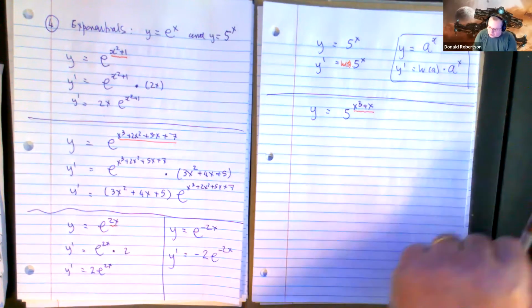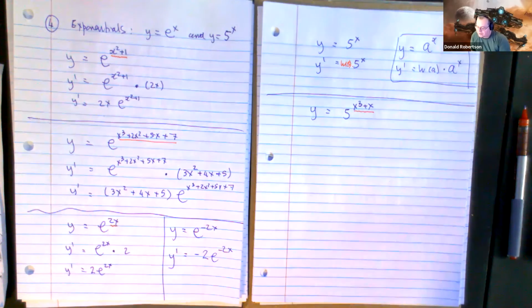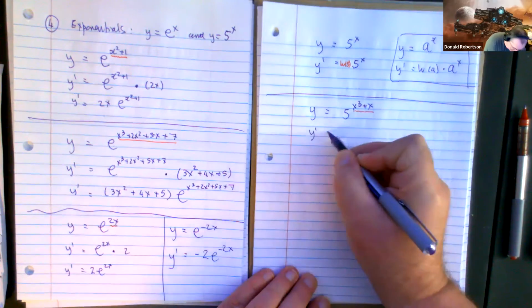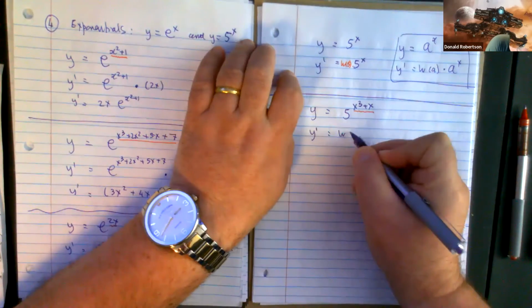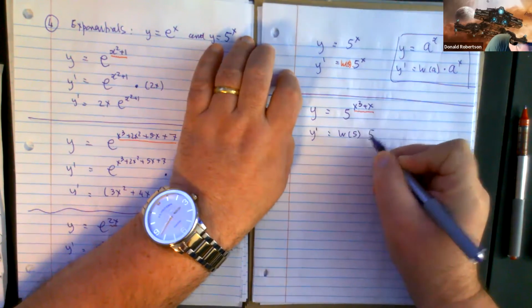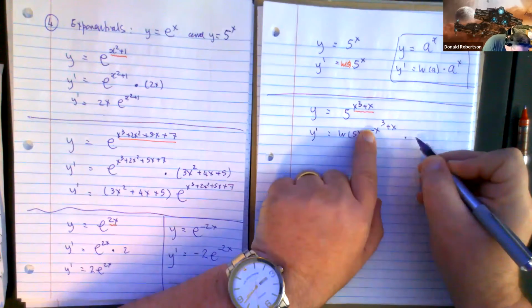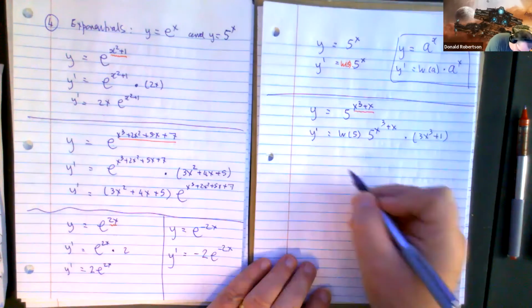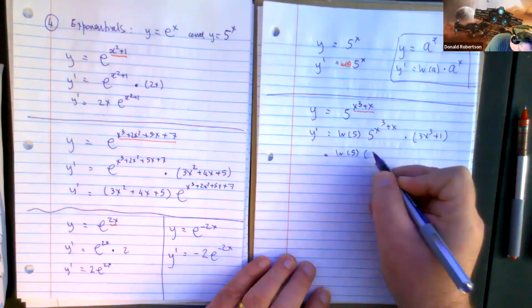You kind of have to know what the inside function is to do the general, don't you? Because isn't the last thing you end up doing times the derivative of the inside function. So you have to kind of know who it is. So if you want to differentiate 5 to the power of something, you remember that extra log 5 bit. So that's that done. And then you finish with the derivative of the inside function. And then you kind of make it look pretty by just rearranging the furniture.